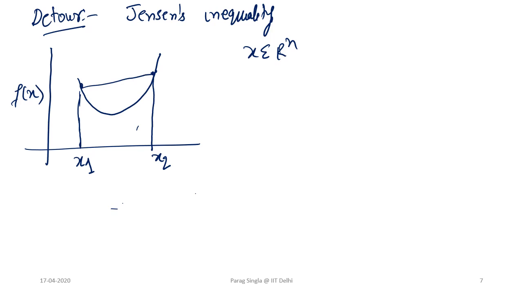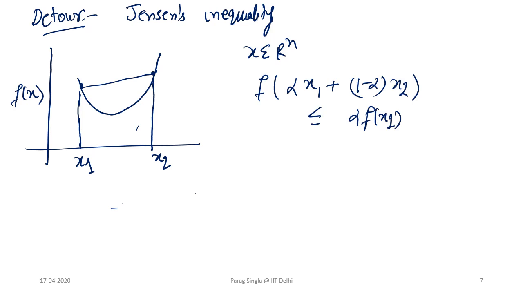Mathematically, that would mean f of alpha x1 plus 1 minus alpha x2 is less than or equal to alpha f(x1) plus 1 minus alpha f(x2), where x1 and x2 are some points in the domain, and this alpha is between 0 and 1.